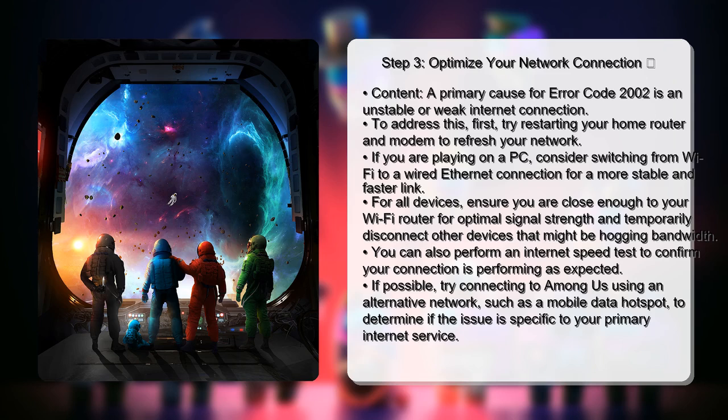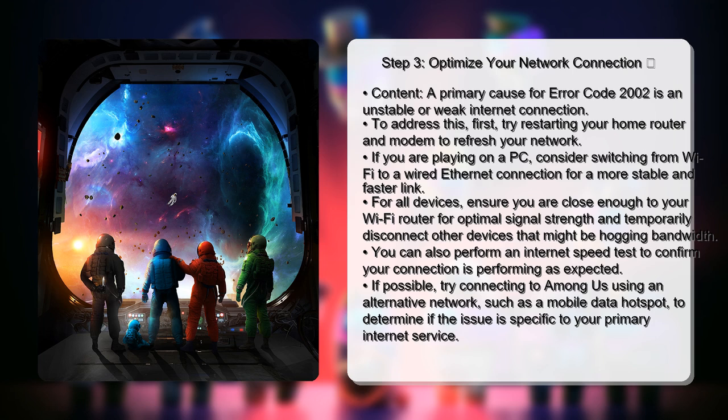Step: optimize your network connection. A primary cause for this error code is an unstable or weak internet connection. To address this, first, try restarting your home router and modem to refresh your network. If you are playing on Wi-Fi, consider switching to a wired Ethernet connection for a more stable and faster link.